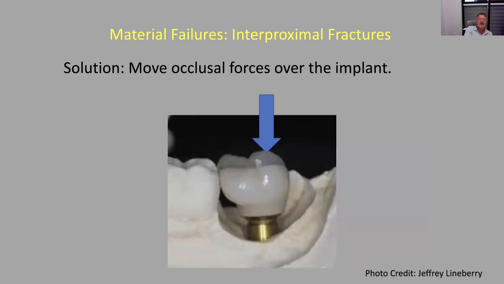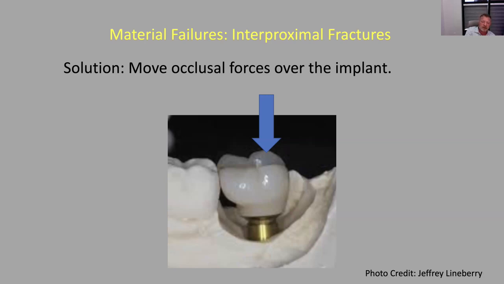And then another solution, and this is something we talk about with the implant being rigid that often gets overlooked, is moving the force over the implant. Our labs a lot of times create these really nice restorations that look great, but when you look at them, this is a pretty common cantilever that we see.